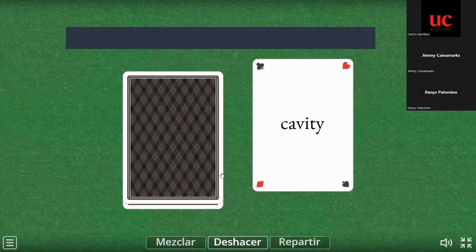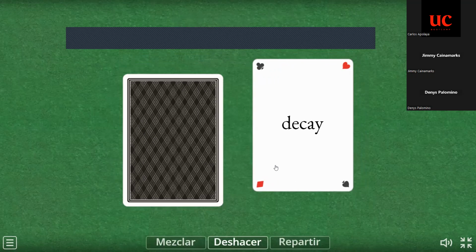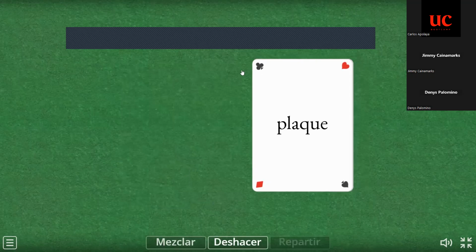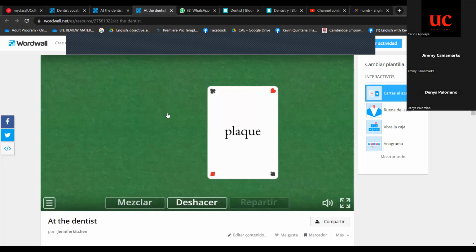Then we have cavity, you know the cavities and decay, and the plaque.